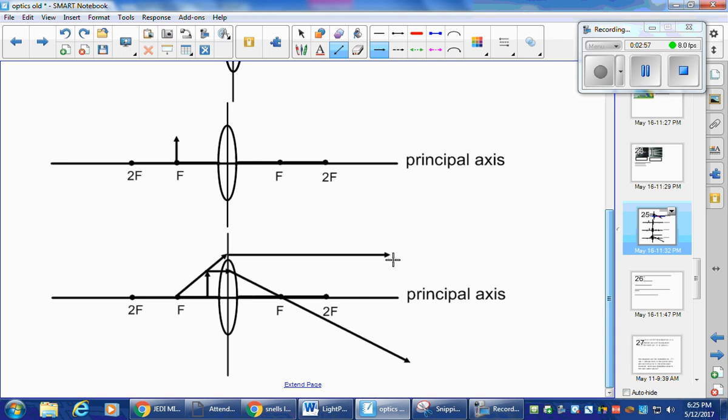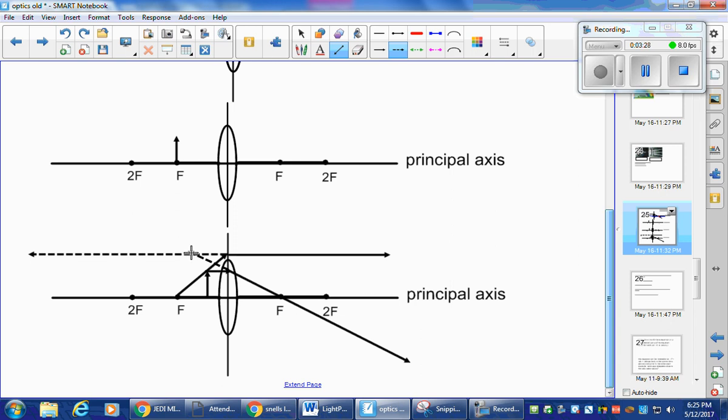Okay, now watch this. Since your eye believes that light only travels in what type of line? Straight lines, right? Your eye believes and your brain makes believe that the light travels in straight lines. Guess what? I'm going to extend this back this way. It came from a source somewhere over here. Same thing right here. If this guy thinks that this came from here, look what's going to happen.